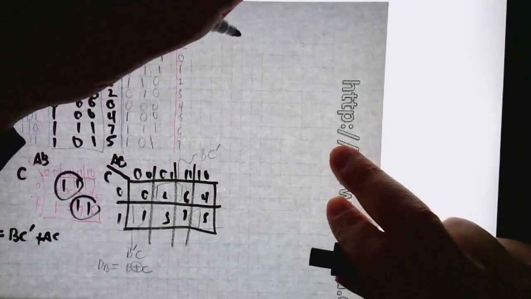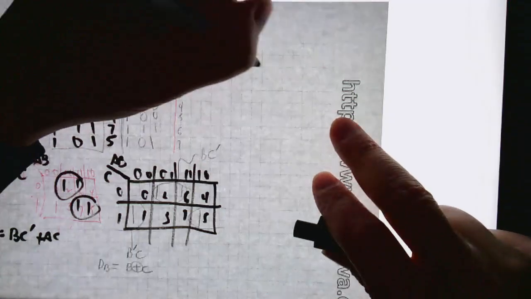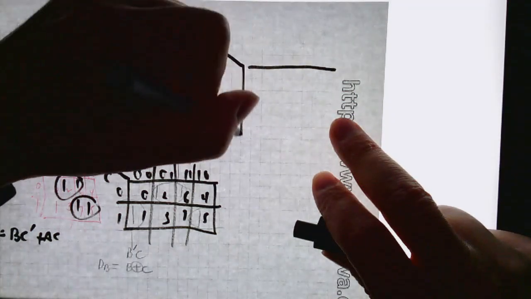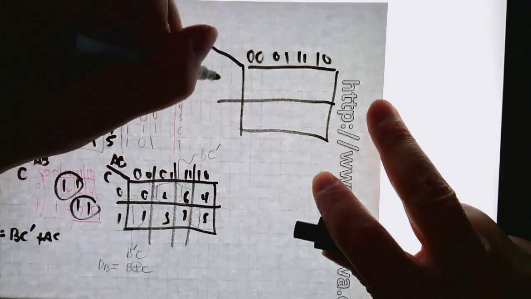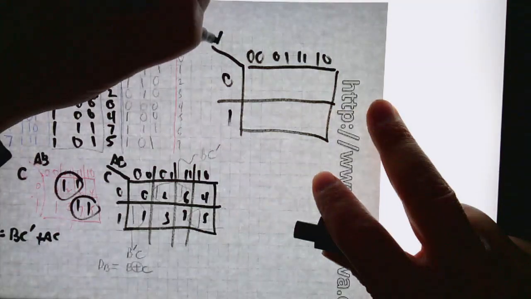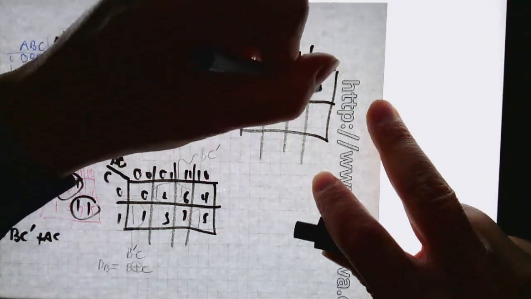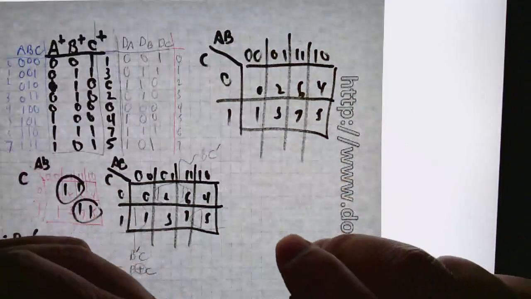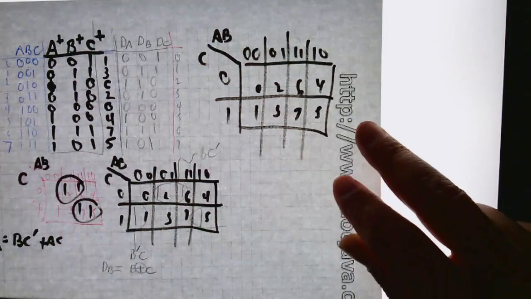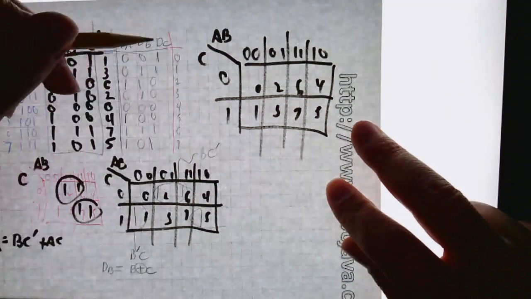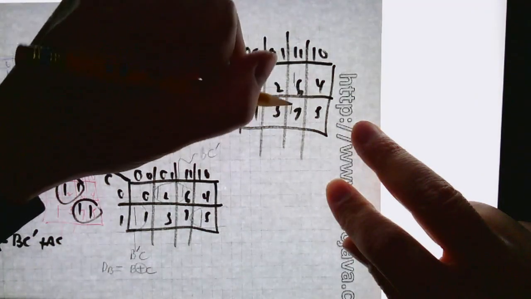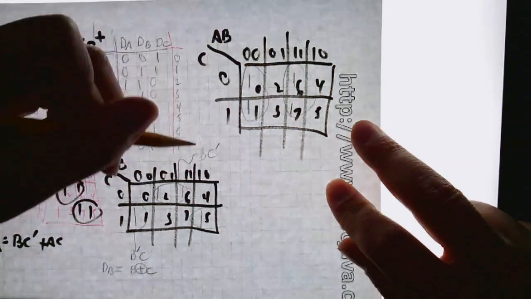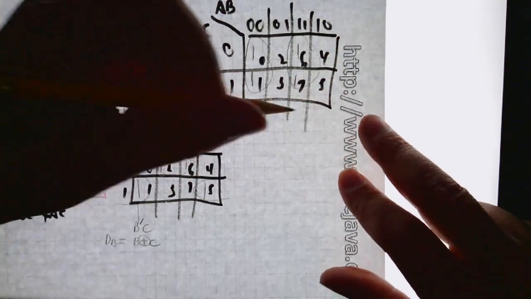Okay, so 0, 1, 6, and 7. And these two are obvious loops, A prime B prime, and AB.